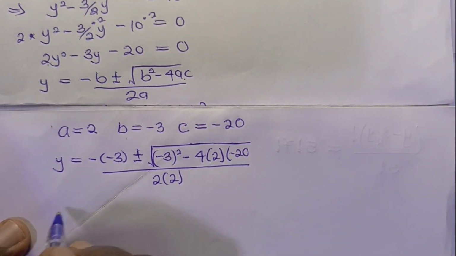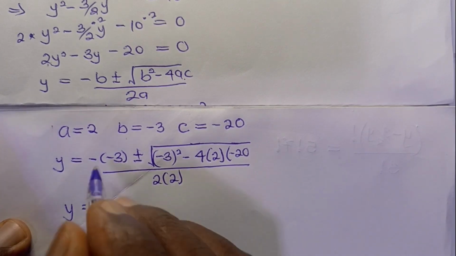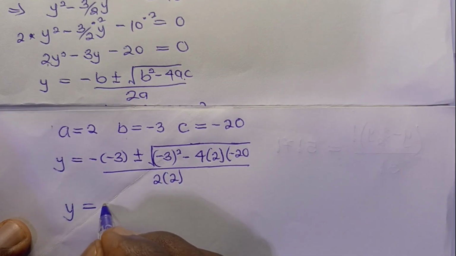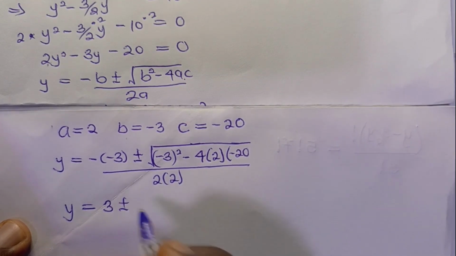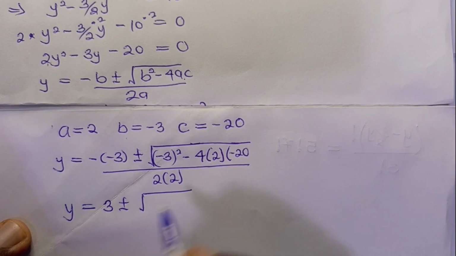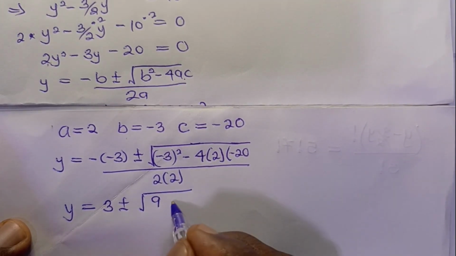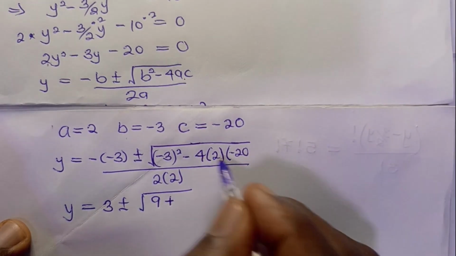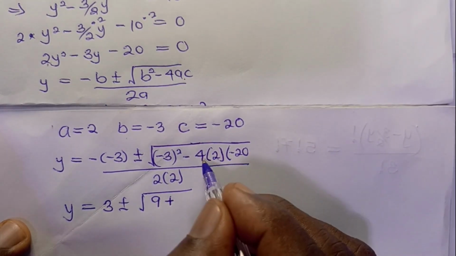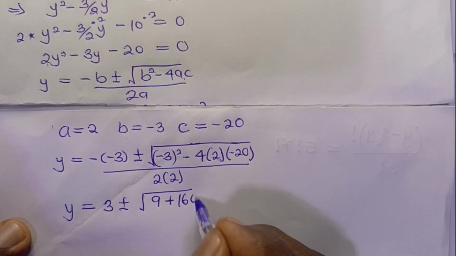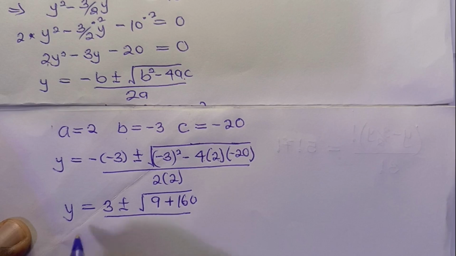Right. So we have y equals 3 plus or minus the square root of 9 plus 160, divided by 4.